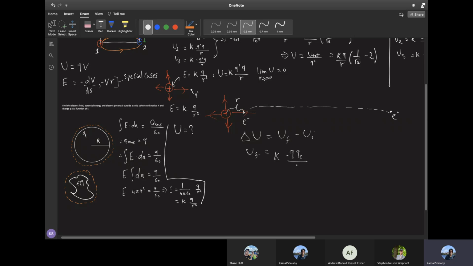U initial is k negative Q Qe over infinity, so that's going to equal 0. So our change in U is equal to k Q Qe, negative, over r. Same thing for a positive charge: the U of this is also going to equal kQQ over r.